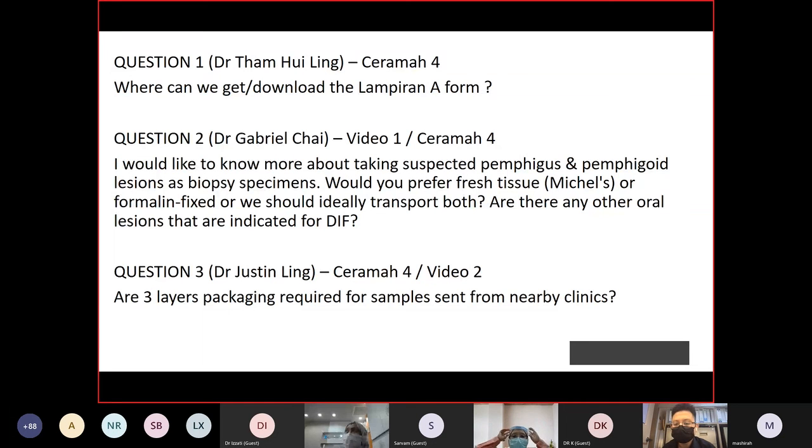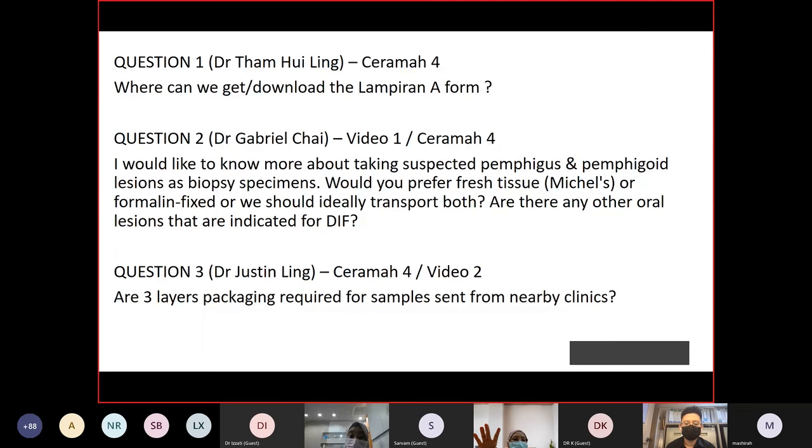For Sarawak, we don't have Lampiran A. I think what Fairuz meant by Lampiran A is basically information regarding where and who is sending the specimen.